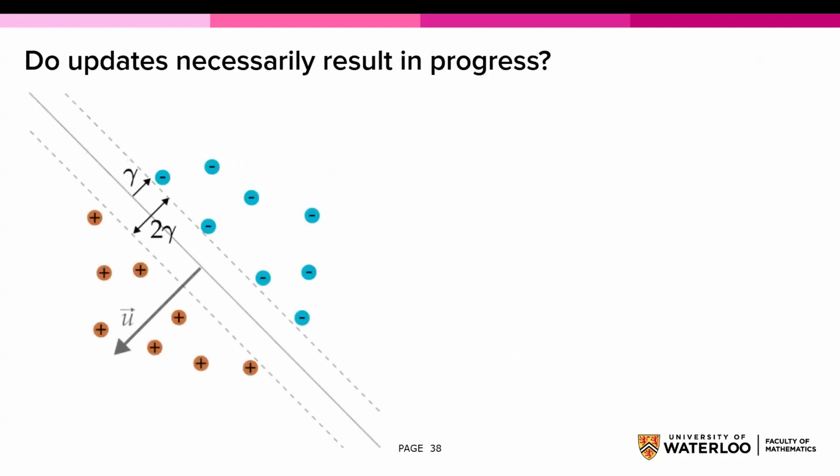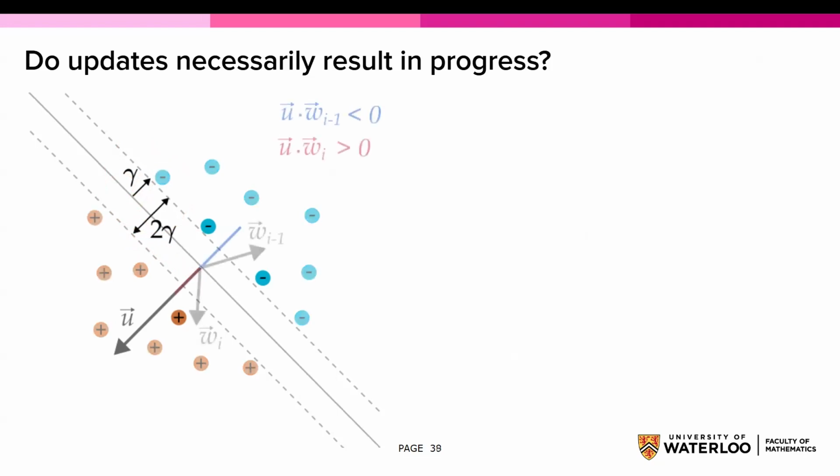So here we have our scatter plot of points again. We have positive examples in the bottom left and negative examples in the top right. I've denoted the separating hyperplane defined by the oracle vector, as well as the margin gamma. And so how can we define progress mathematically?